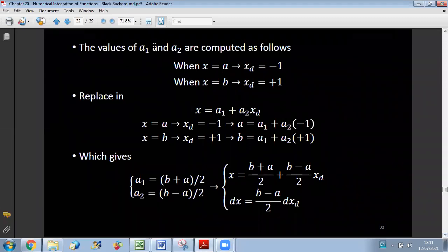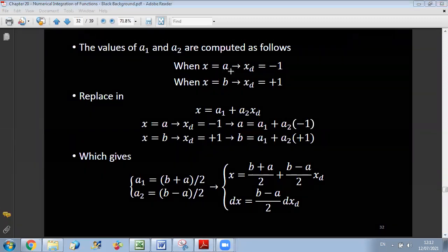By applying these two conditions, you can get what a1 and a2 should be. All we have to do is solve a system of two equations with two unknowns. When x equals a, xd equals minus 1. When x equals b, xd equals plus 1. We replace into the transformation equation, x equals a1 plus a2 xd.